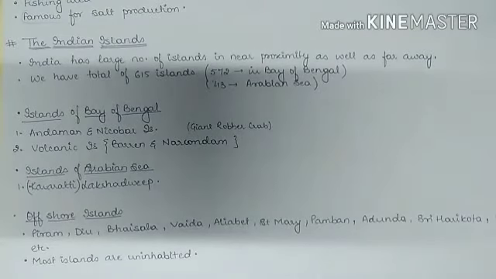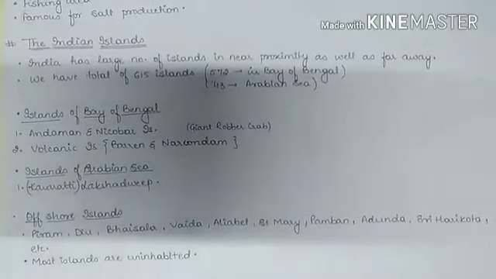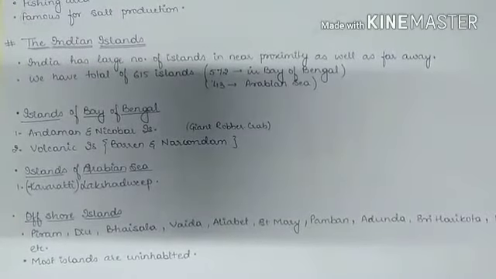If we look at the distance between the islands and the mainland, the shortest distance is about 2000 kilometers. The extreme south point, in Great Nicobar Island, is Indira Point. But during the tsunami, this Indira Point was submerged inside the water.